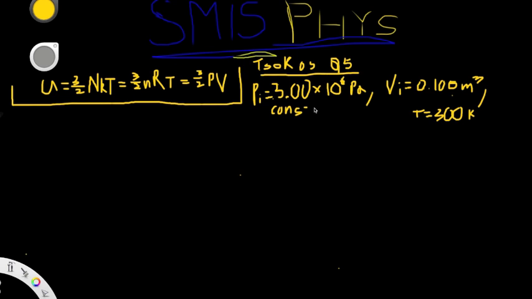If the gas is compressed at constant pressure down to a volume of 0.8 meter cubed, find A. the work done on the gas, and B. the thermal energy taken out of the gas.